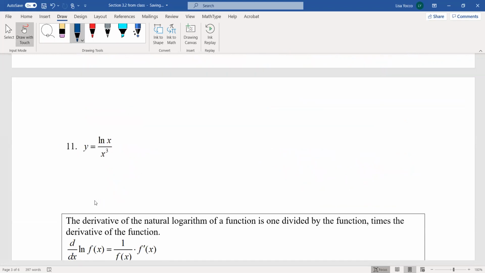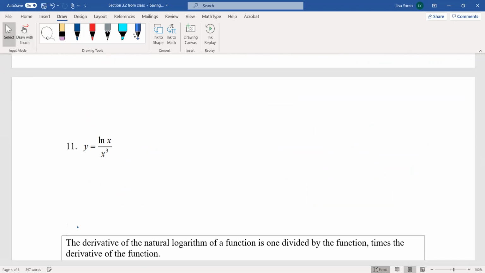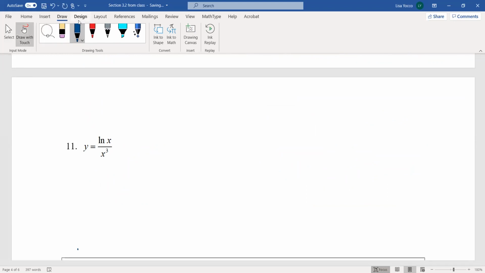Okay, now we have the quotient rule. Oh, we're going to need some more room here. So remember the quotient rule. For the derivative of a quotient u divided by v, or numerator divided by denominator, it's the denominator times the derivative of the numerator minus, and then you swap those around.